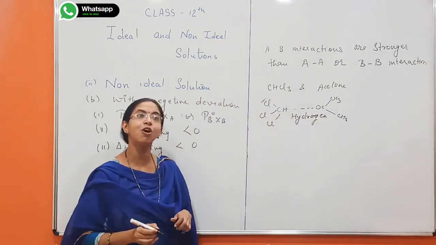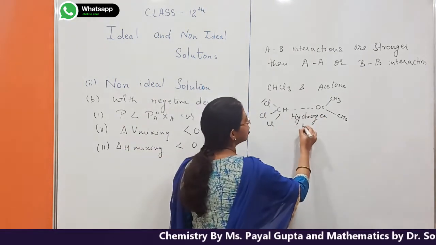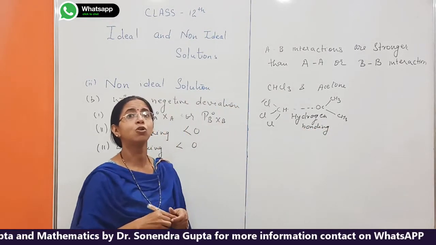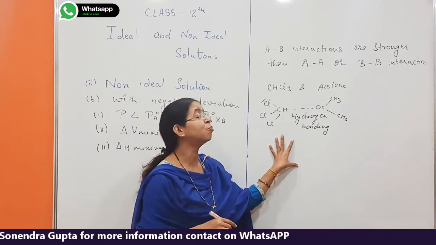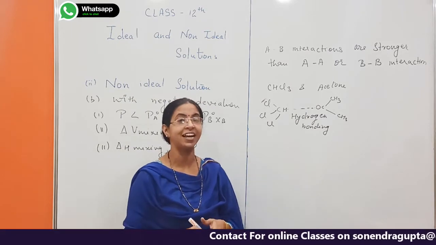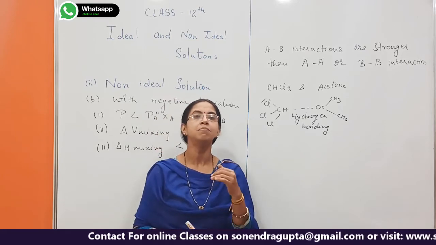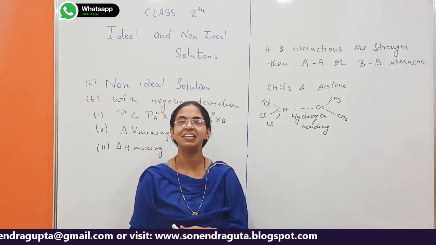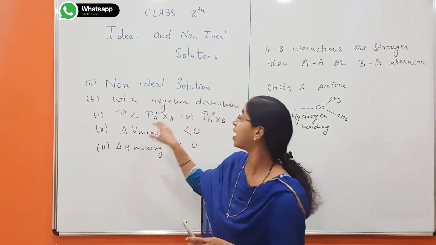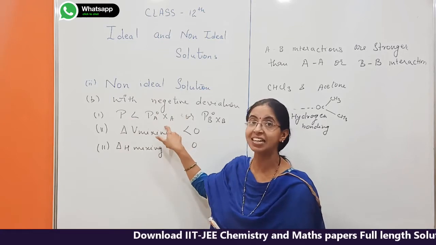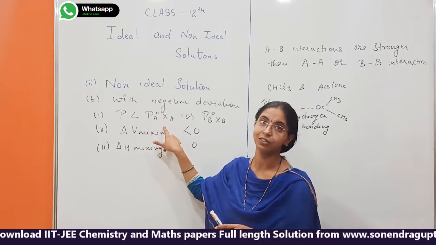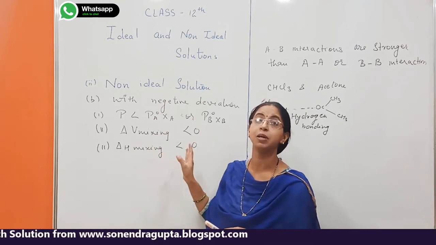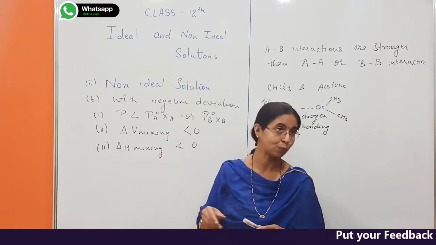And when hydrogen bonding is there, the bonding is good. So here they are more strongly joined with each other. That is why the escaping tendency, meaning the tendency to form vapors, got lowered. So that is why the pressure is less than the Raoult's law condition. So delta H mixing will be less than 0.